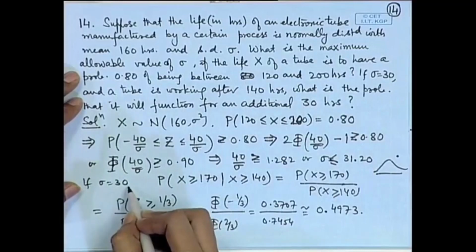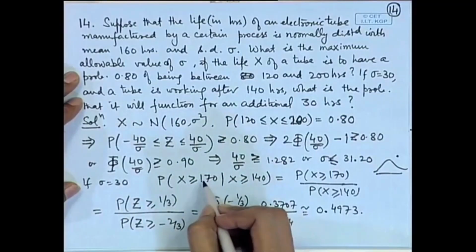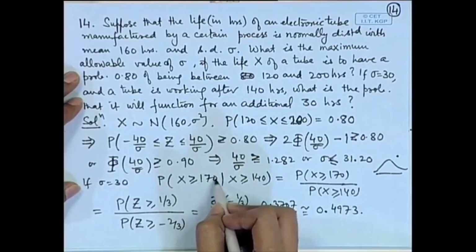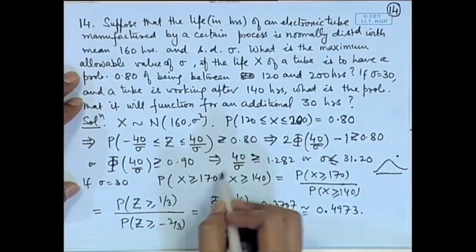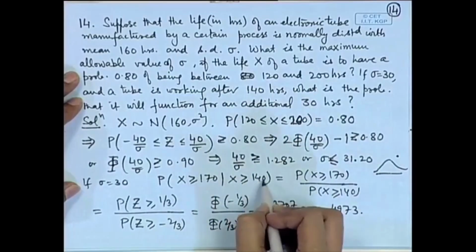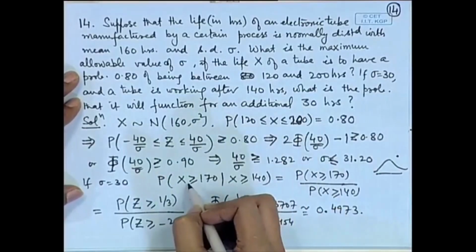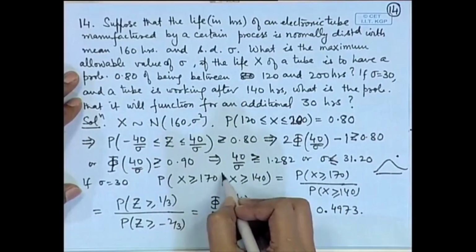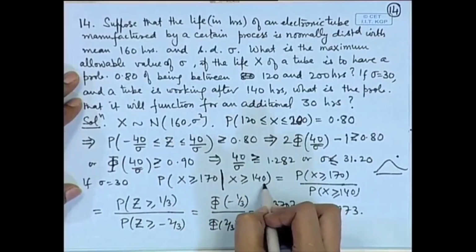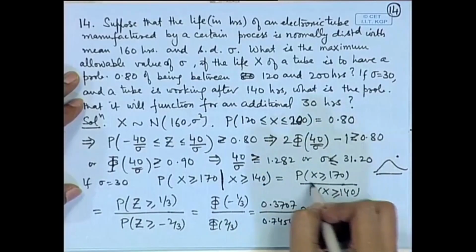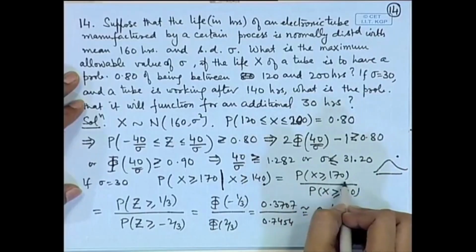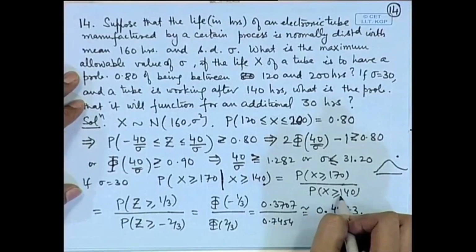Now, if sigma is equal to 30, what is the probability of an item working for an additional 30 hours, which has already worked up to 140 hours? So, it is the probability that x is greater than or equal to 170, given that x is greater than or equal to 140. So, it is a conditional probability and it turns out as the ratio of the probability x greater than or equal to 170 divided by the probability x greater than or equal to 140.